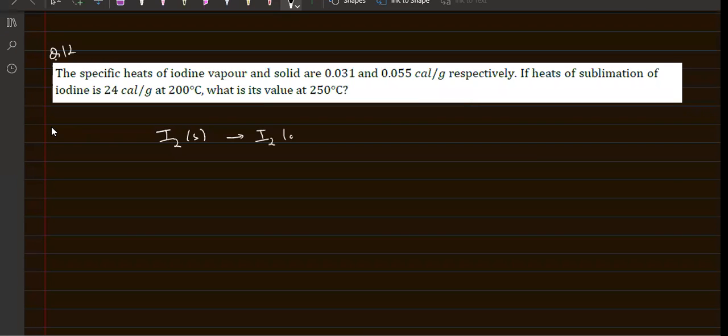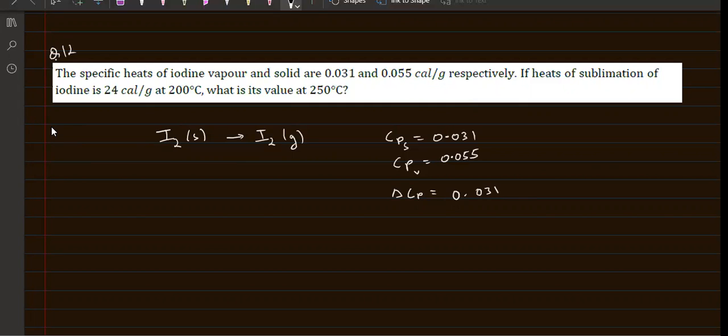Right, everyone? Okay. Now specific heat is given. So Cp of solid is equal to 0.031 and Cp of vapor is equal to 0.055. Okay, right? Now, what is delta Cp of a reaction? Delta Cp of reaction would be 0.031.